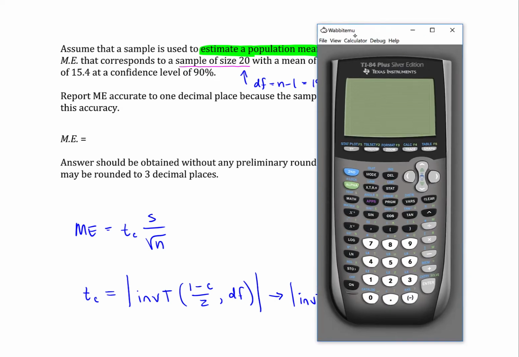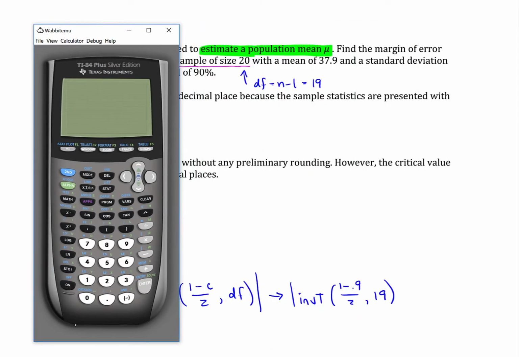So in the calculator, to get this, what we need to do is second distributions and come down to inverse t. And maybe not all of you actually have inverse t distributions. If you have one of the earlier model TI-84s or a TI-83, you very likely don't. So I'll show you in another way how to come up with the answer to this question. But let me continue like this first, for those that do have this function.